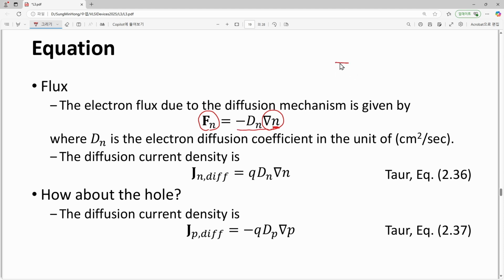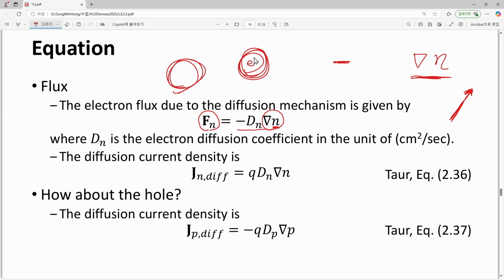So here we have a negative sign and the gradient of n. The gradient of n is heading toward the steepest increase of electron density. So this negative sign means that electrons are moved from the highly populated region to the lowly populated region.